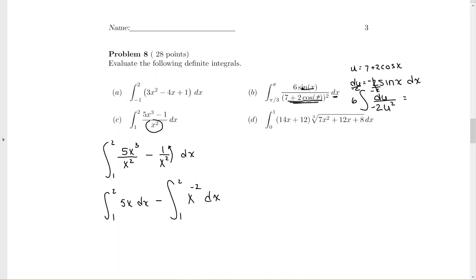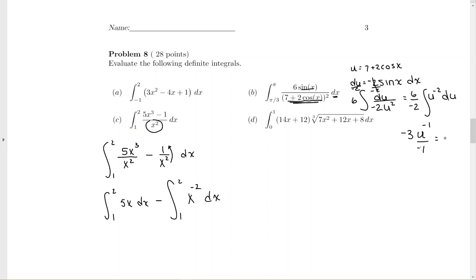All right, I'm going to drop the limits off until I switch it back to x's. So 6 over -2. And then pull the u to the 2 up, integrate that, so again add 1, divide, oops, drop the integral symbol off, so u to the -1 divided by -1. Where were they going with this?